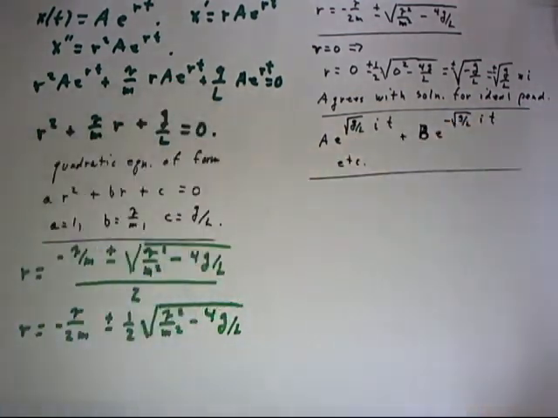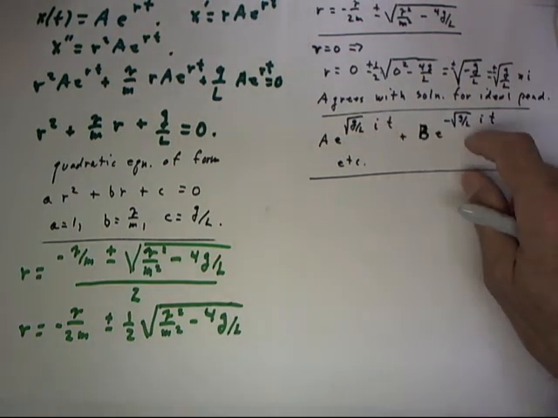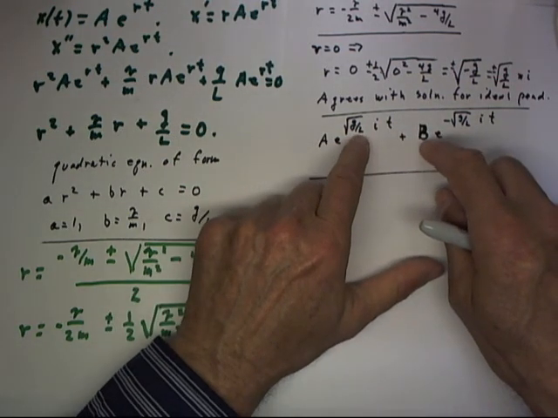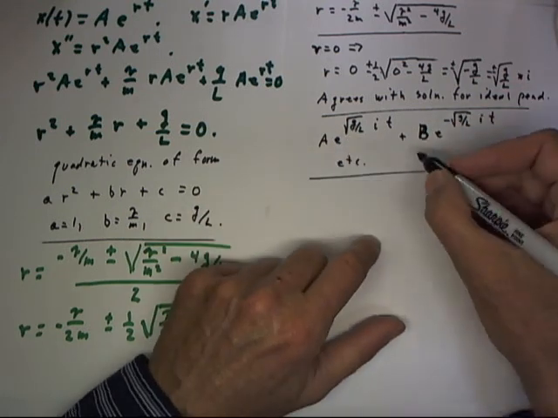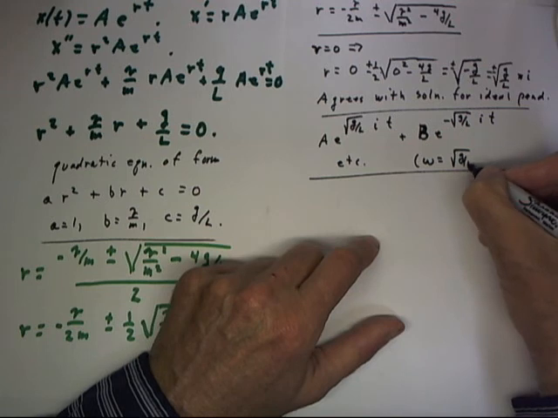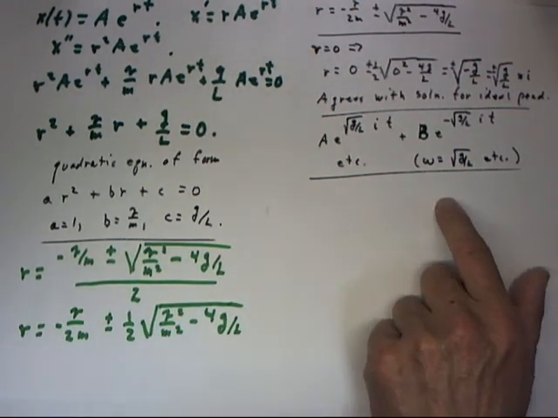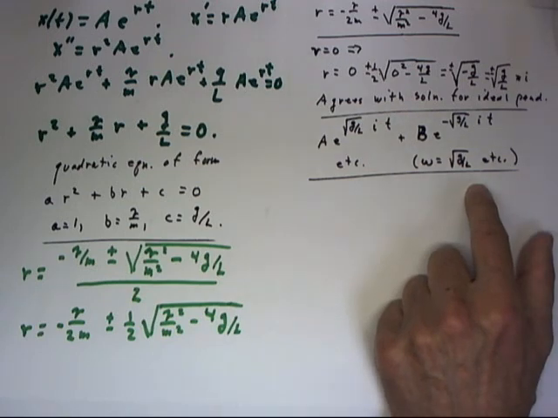You can review how that works out. We're going to use the Euler identity. We're going to have sines and cosines. We'll let omega equal the square root of g over L, and proceed just as we did before.